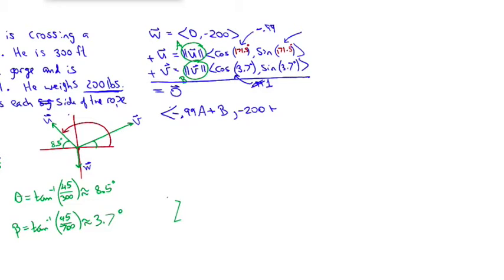Yep, sine of 171.5, and it's going to be plus 0.15 times A. Plus the last one was sine of 3.7, should be really 0.06. So it would be plus 0.06 times b. First component, second component, and this is equal to the 0 vector.